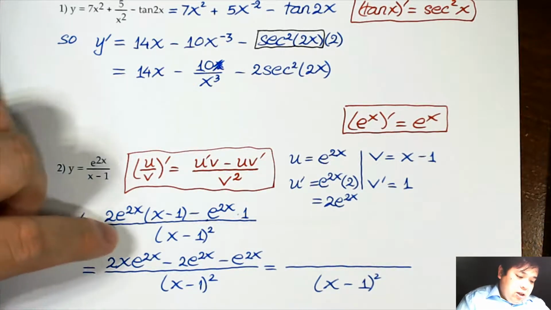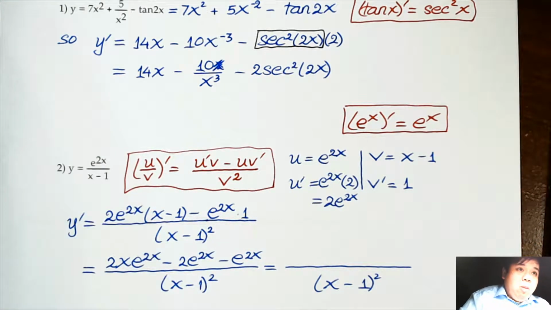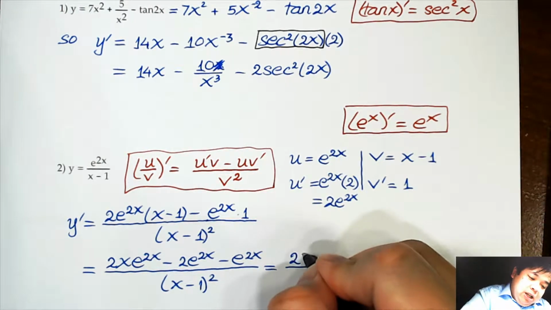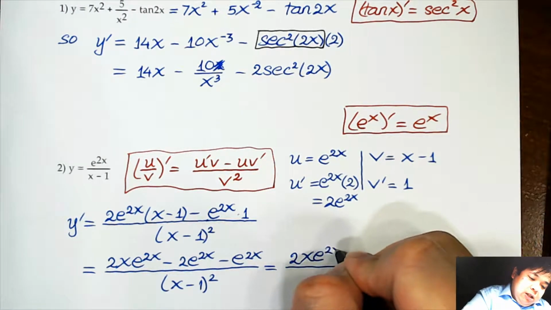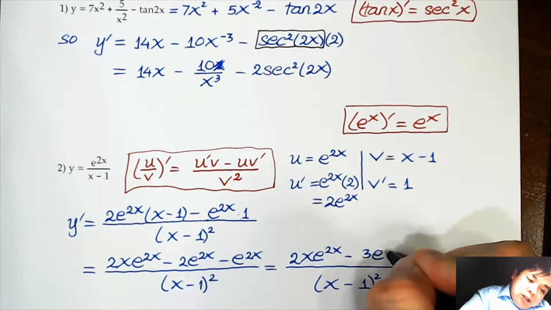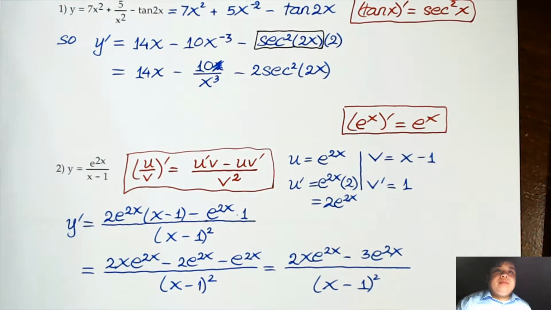On the top, combine like terms, the last two, we have 2x e to the 2x minus 3e to the 2x. And that's what we have.